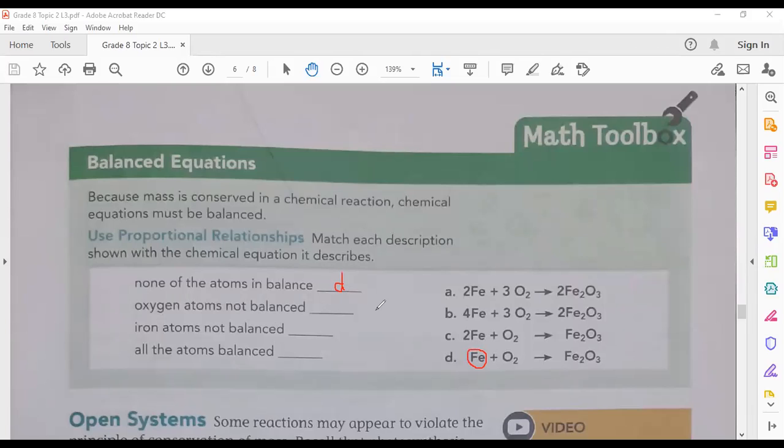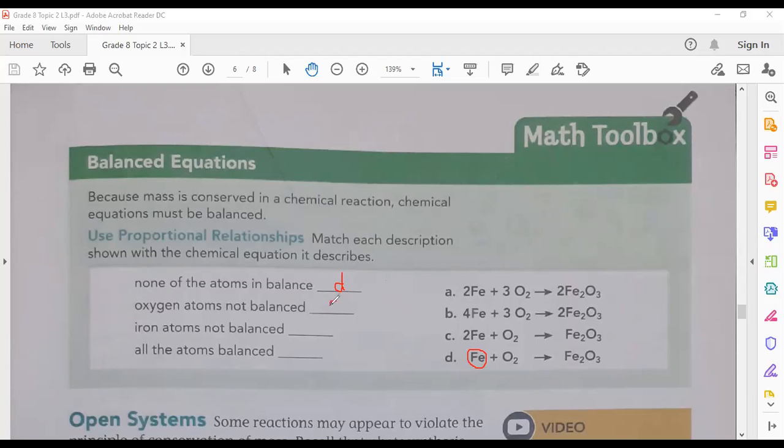In which of the equations are iron atoms balanced and oxygen atoms not balanced? Laith: B or C. C. That's right.